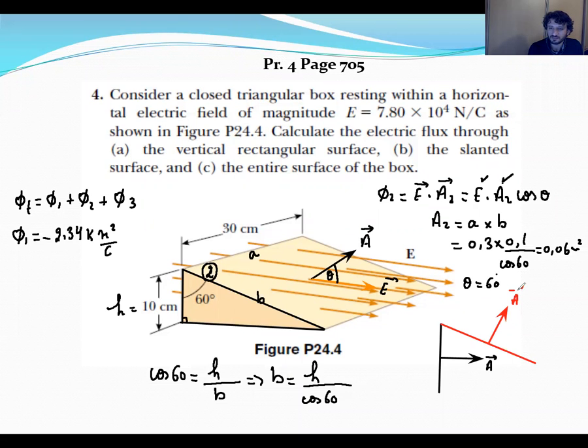We moved 60 degrees, so the angle between the initial and final A equals 60. So the angle between the new A prime and the horizontal E is theta equals 60.